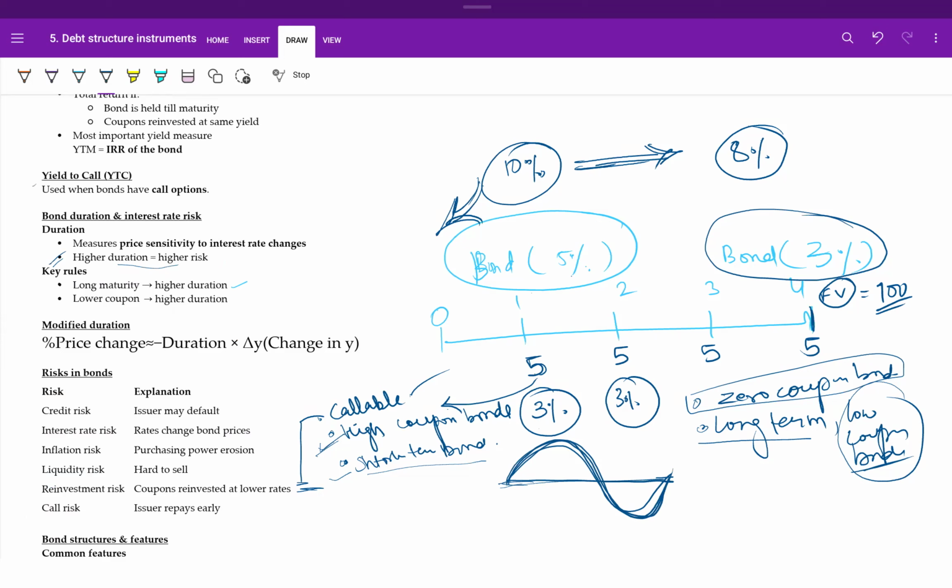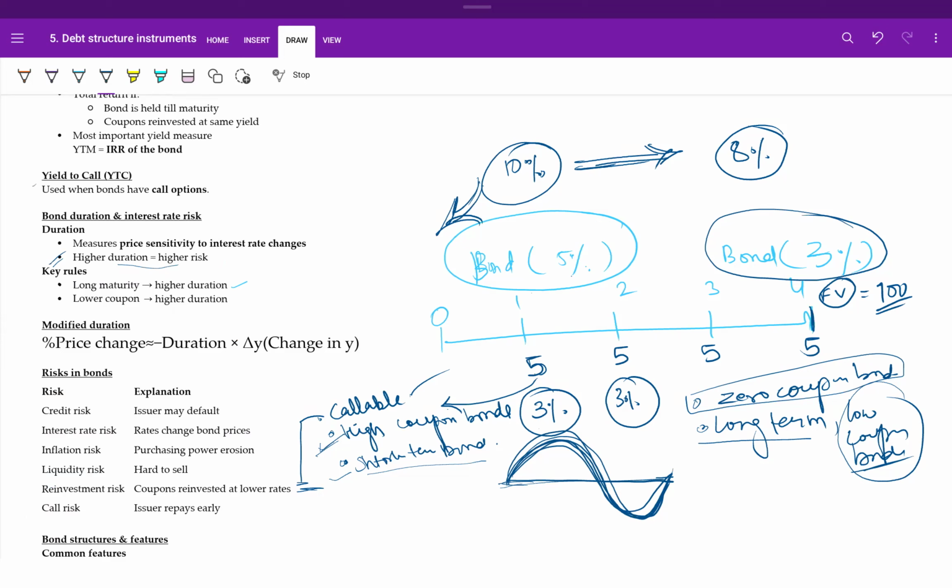So think about it. The market moves in cycles: recession, growth, peak, boom. Those are all parts of the market, and you cannot do anything about it. But yes, you can prepare yourself for those kinds of conditions.